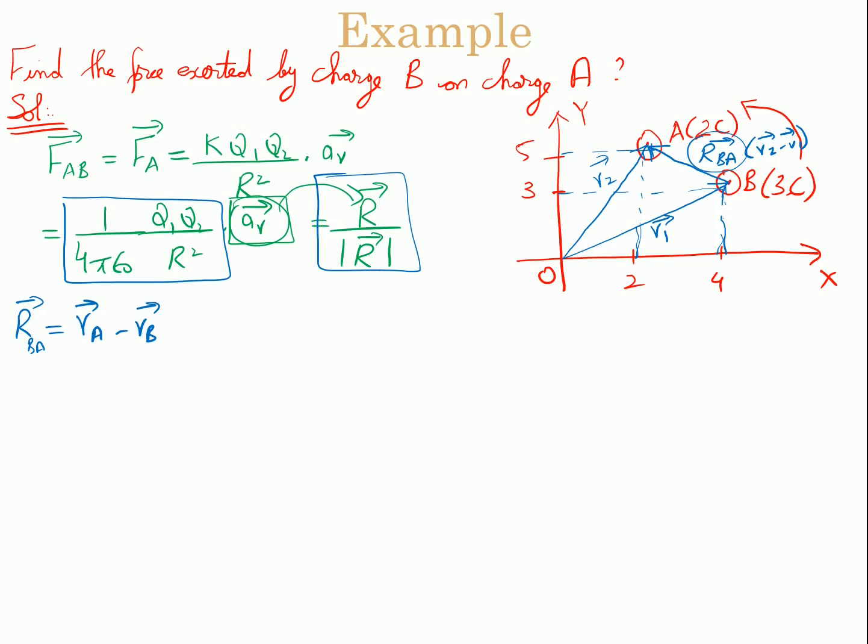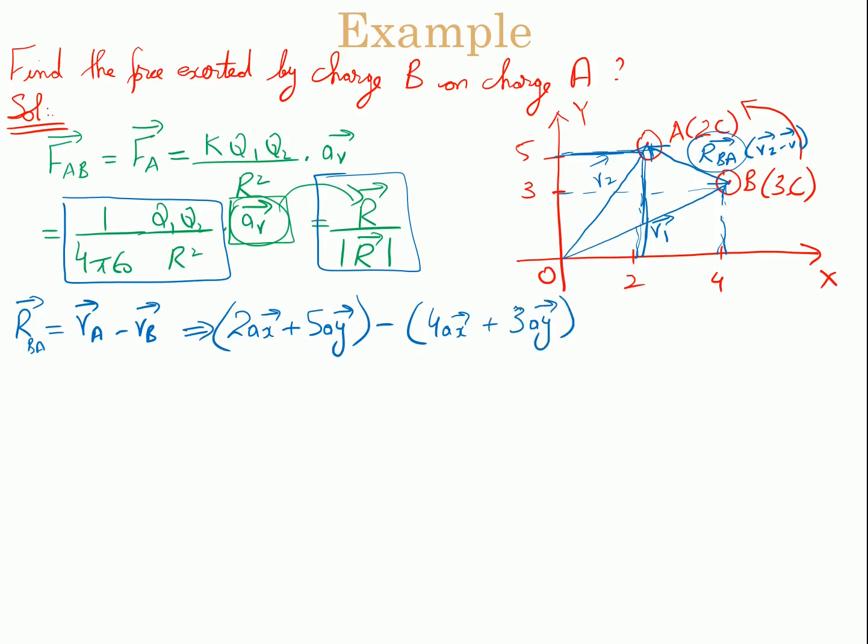So what is r of A? r of A is basically 2ax plus 5ay. So we have taken the values from these points of intersection. Similarly, what is r of B? r of B is equal to 4ax plus 3ay.